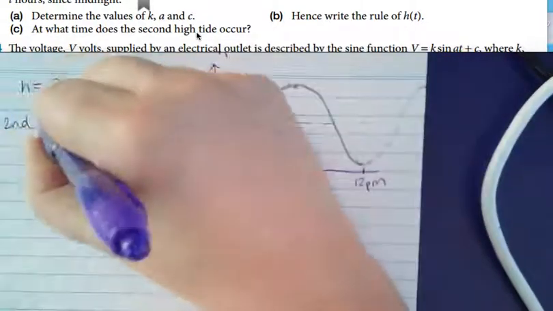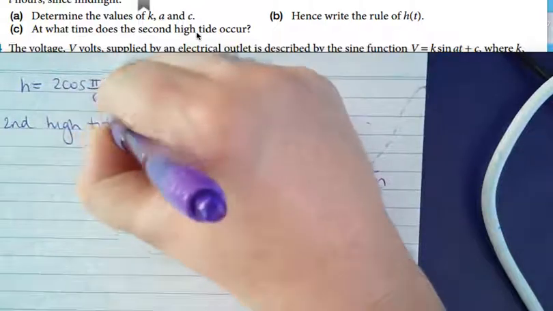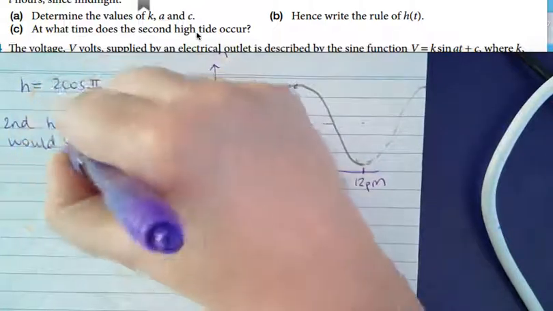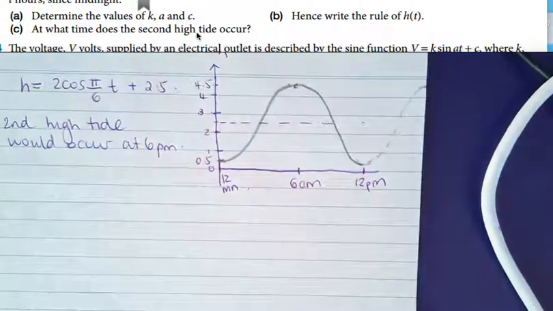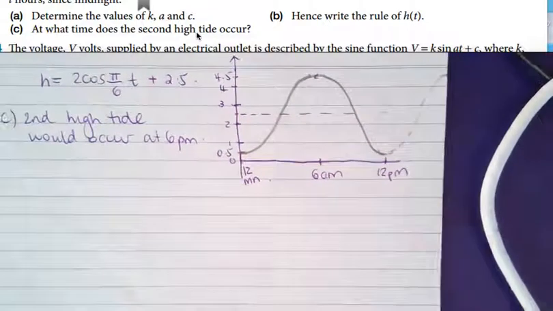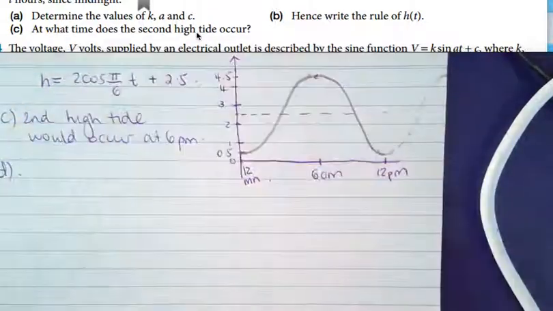So the second high tide would occur at 6 p.m. Okay, I'm going to add an extra question.